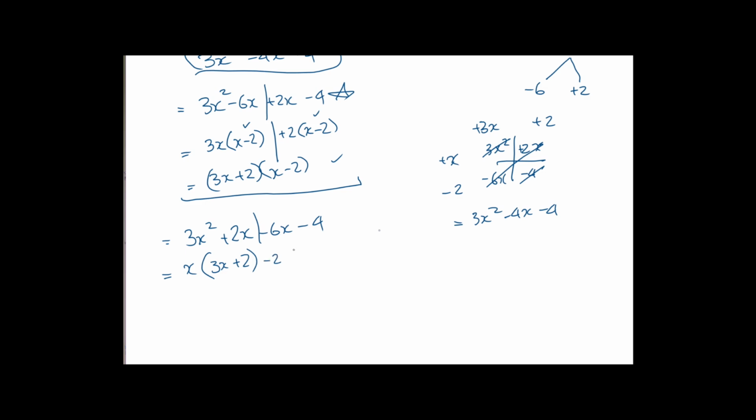Negative 2 is the only thing they have in common, and it's going to be 3x plus 2, the same. So we can collect outside the brackets and inside the brackets, and we get the same answer, in a different order, but the same answer, because the order doesn't matter in multiplication.